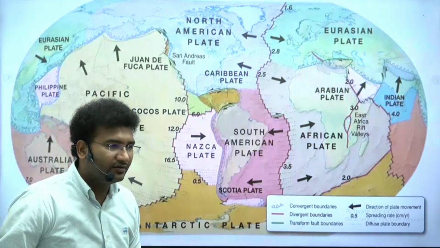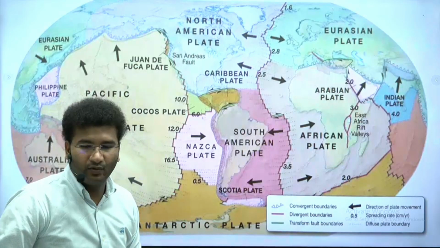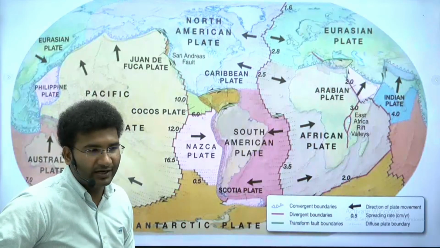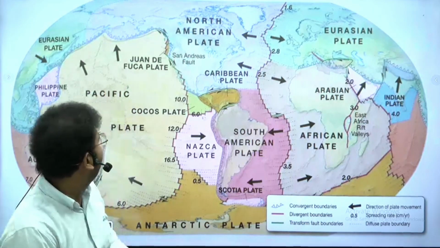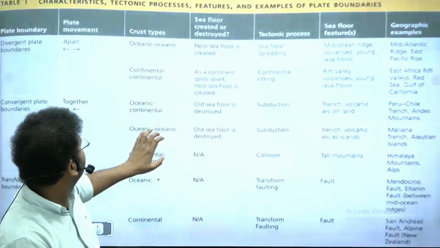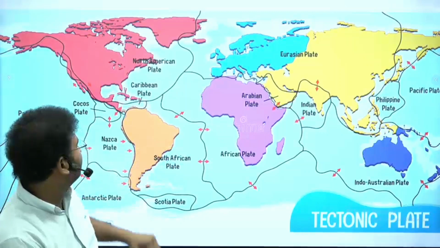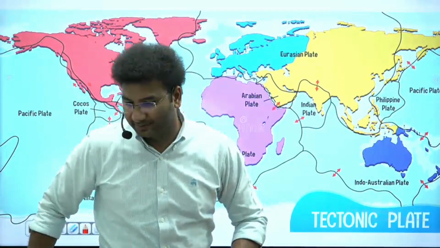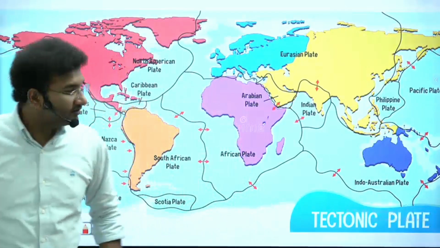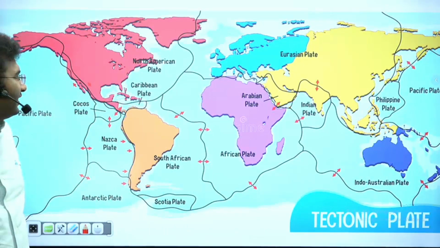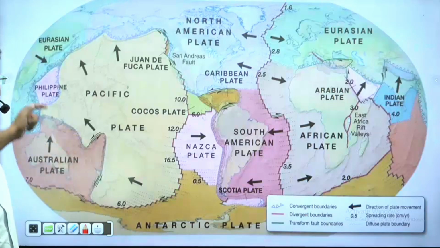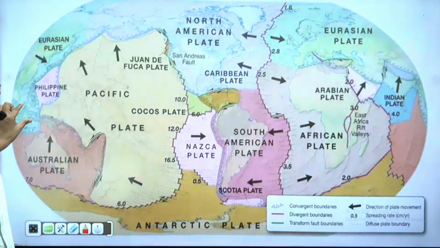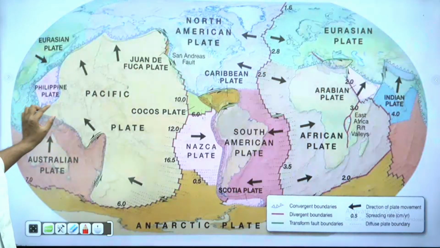So how many have you written? 4 plus the Caroline plate, C-A-R-O-L-I-N-E. It is a small plate which is present between the Philippines and Indian plate. Here you'll have a small Caroline plate. This is one.